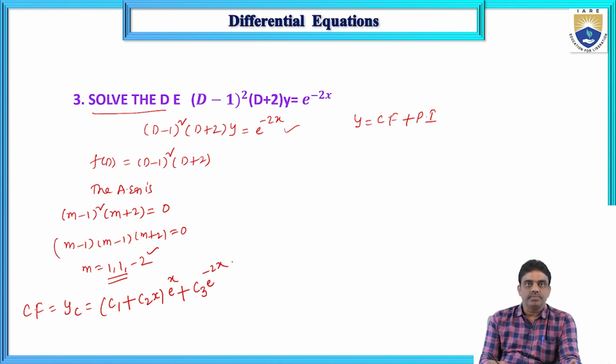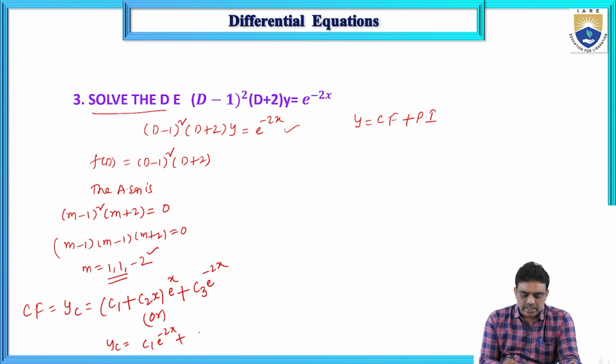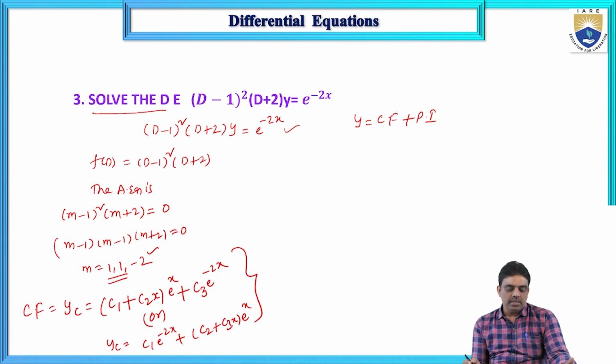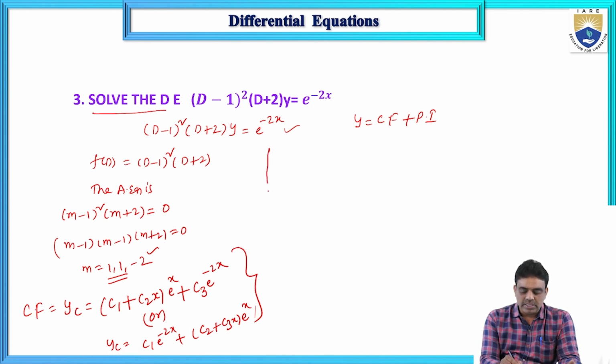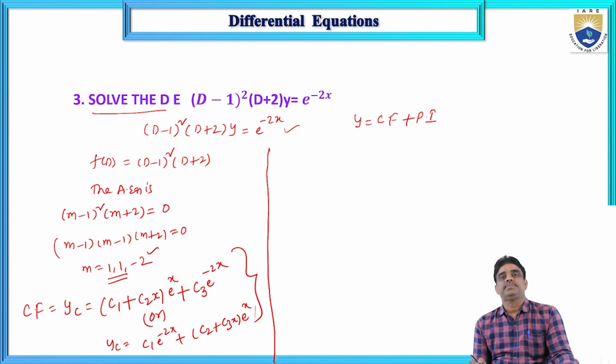Or you can write it like this also: yc is equal to c1 e power minus 2x plus c2 plus c3x of e power x. So both ways you can represent. Here first I took the repeated roots 1; here first I took the root minus 2, c1 e power minus 2x plus this thing. So this is the first part of the solution.